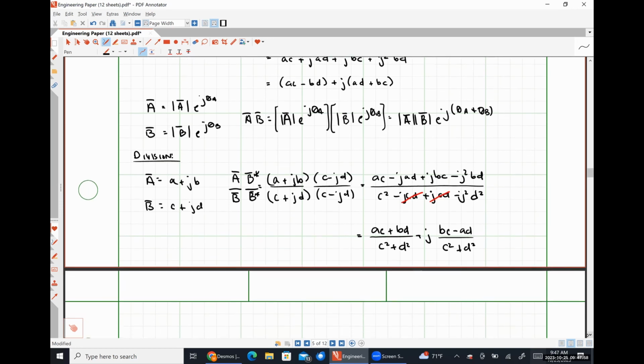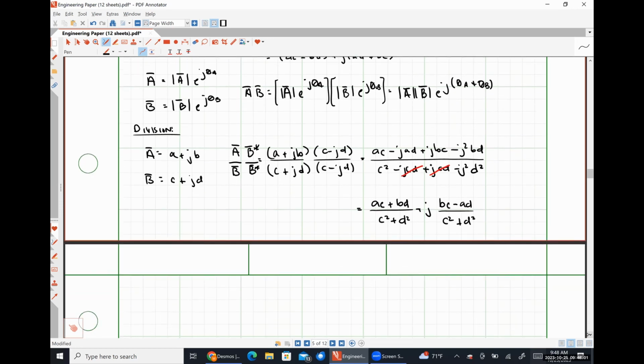So, in short, division of rectangular numbers is a pain. In polar form, it's significantly easier.